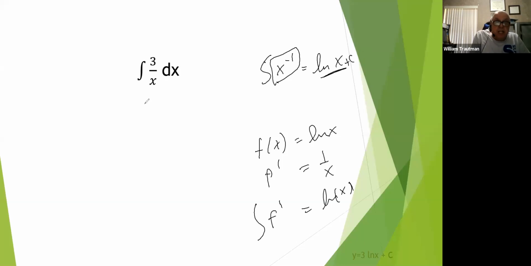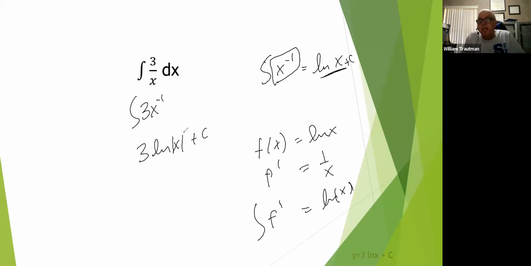So this is 3x to the -1, same thing. And if I integrate this, this becomes 3 natural log of x plus c. And they show that the natural log of x is absolute value, but we're going to respect the domain. You can't take the natural log of a negative number.